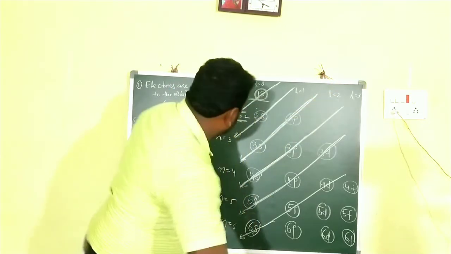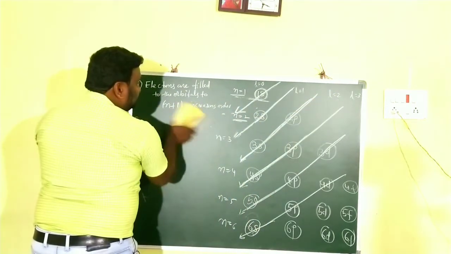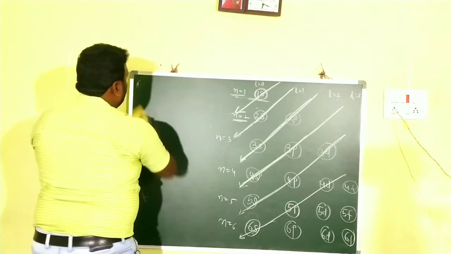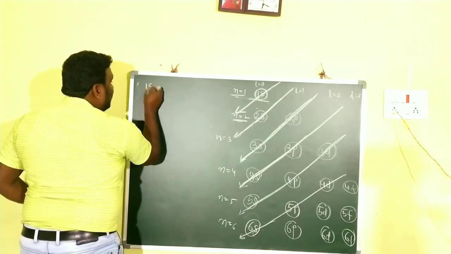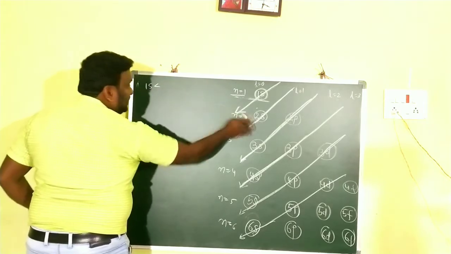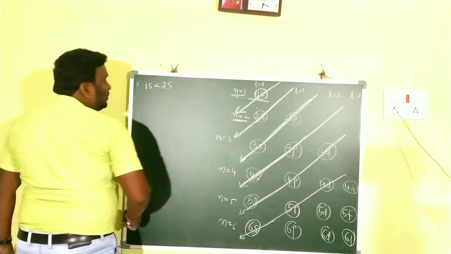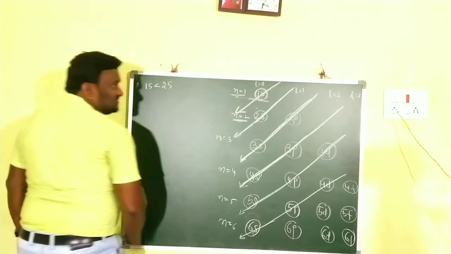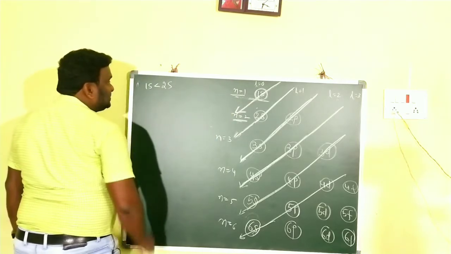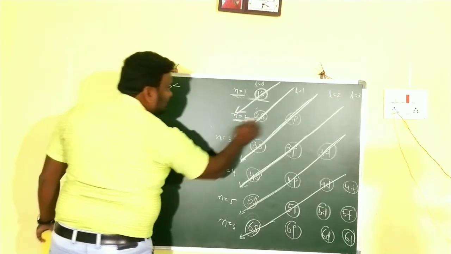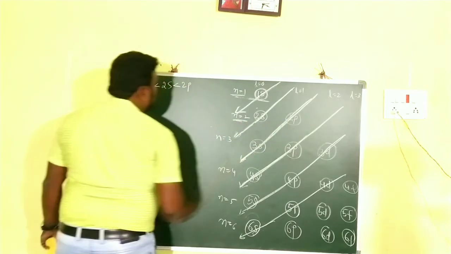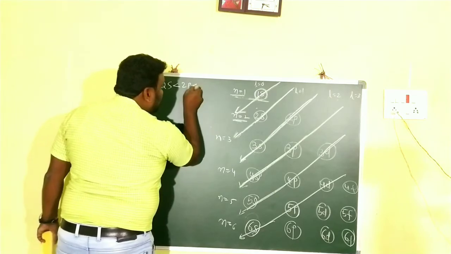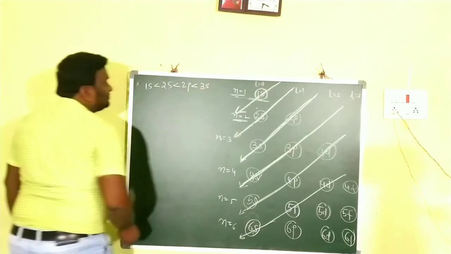So in this case, from this figure you have to go simply like this. 1s is less than 2s. That means first we have to fill the 1s, next we fill the 2s. 2s is less than 2p. Next 2p is less than 3s.